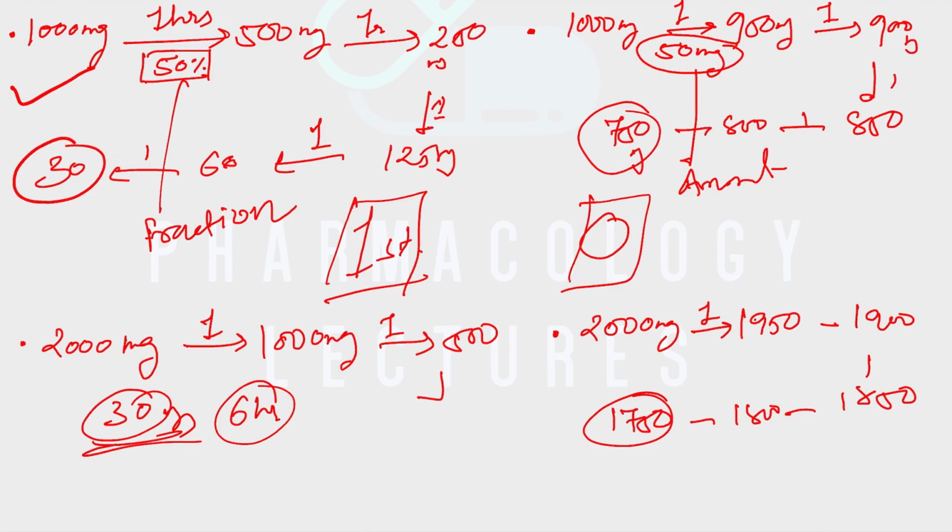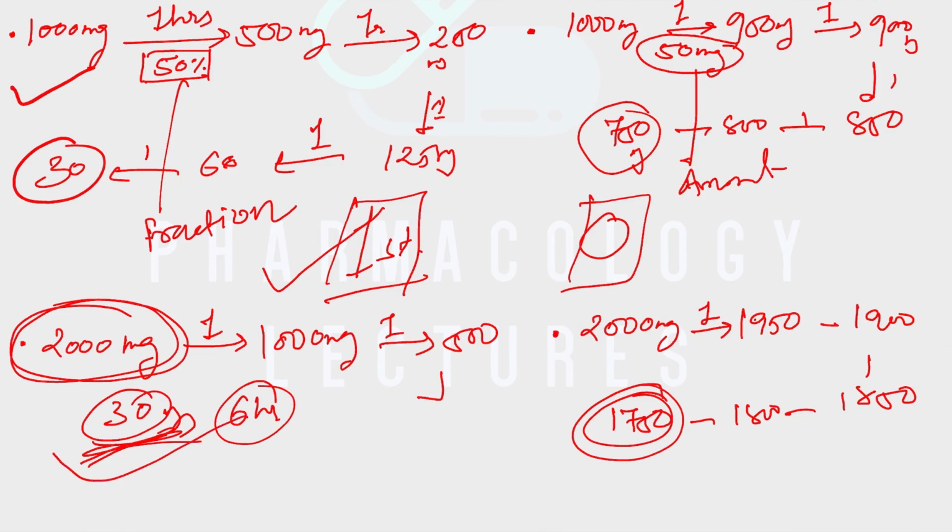See, after 5 hours, it is still 1750 in the body, while here almost all gets out of the body. So the clinical scenario is that in first order kinetics, if we increase the concentration, there would simultaneously be an increase in the excretion of the drug. So the rate of elimination also increases if you increase the concentration.